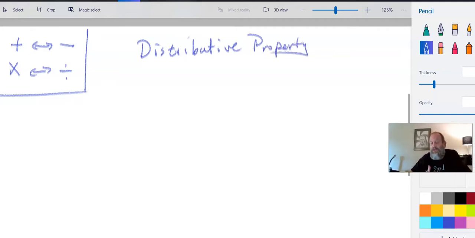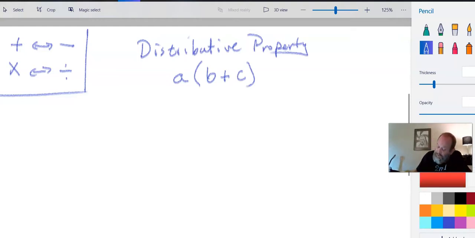What the distributive property does is it tells us how multiplication and addition play together. There are usually a lot of rules for multiplication, and a lot of rules for addition. This combines both operations together and gets a rule out of it. Basically, it says that if I have some number multiplied by a sum or a difference, and it still works with subtraction, you can multiply each term individually.